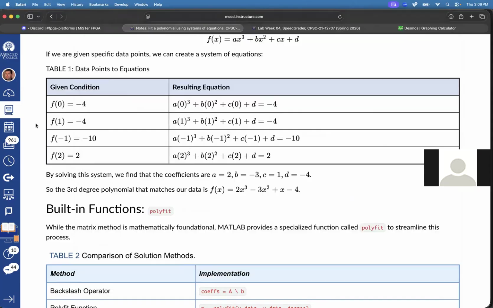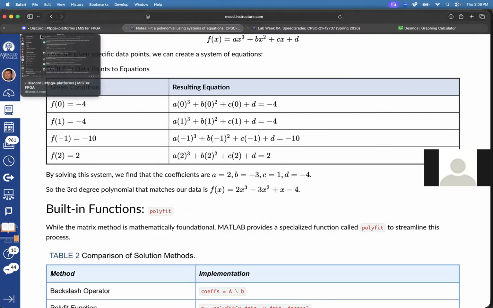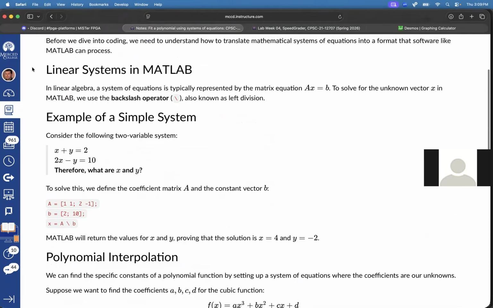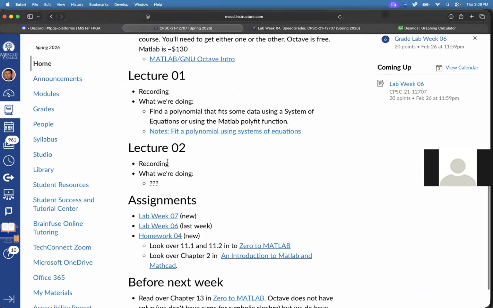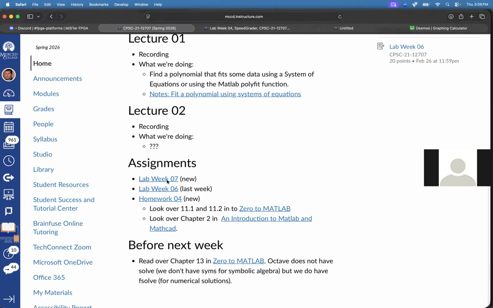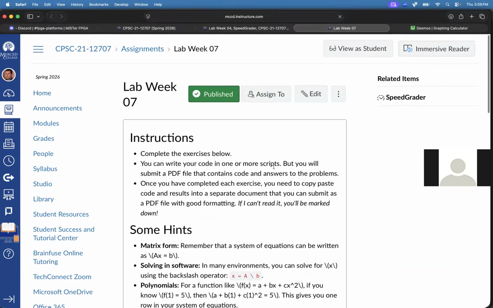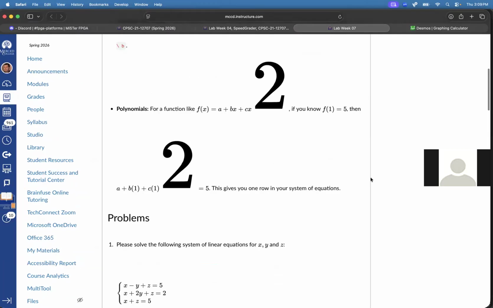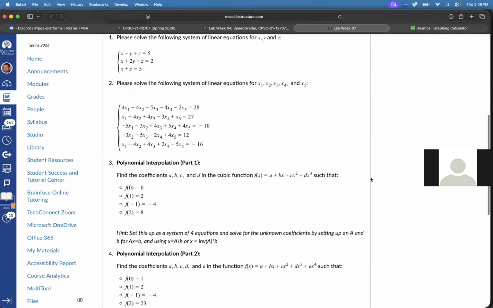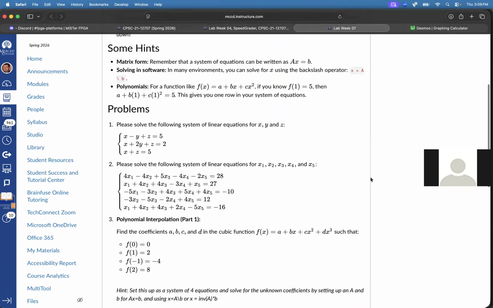And so what you've got going on this week in class is in the lab, not here, in the modules. In the lab today, you're going to be solving some systems of equations.